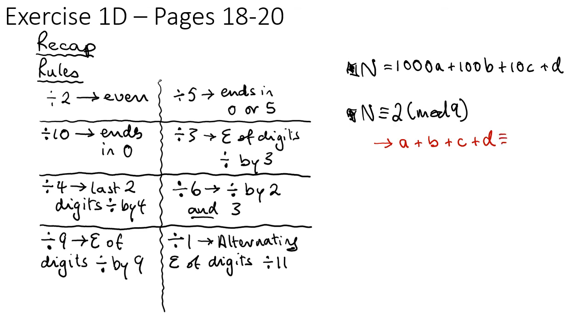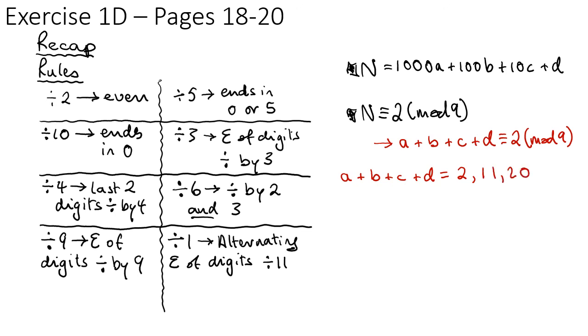I could write down is congruent to 2 under mod 9. So if I think about that in terms of a decimal number, it means that the sum of the digits needs to give me a remainder of 2 once it's divided by 9. So some examples of what the sums of the digits could be. It could be 2, because that gives you a remainder of 2 once it's divided by 9, or 11, or 20.